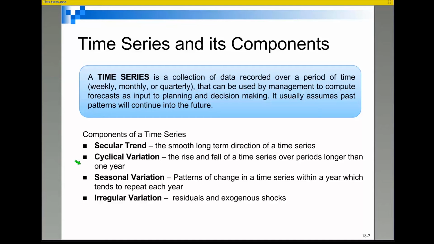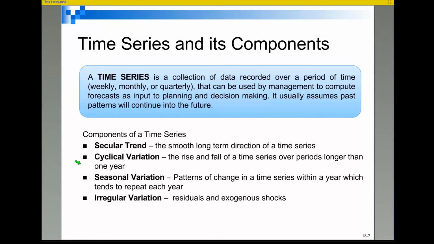And the second component is called cyclical variation. Whatever time series data you're looking at, most likely, even though you can see an upward trend in general, there's still deviation from that general trend, which is reasonable and expected. And one of those components is the cyclical variation. This is the rise and fall of a time series over periods longer than 1 year. That is, a lot of sales data or a lot of time series data will be affected by the macroeconomic condition, right? We all know that there's this business cycle.